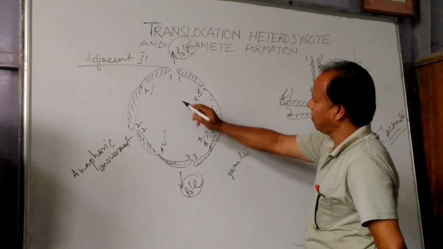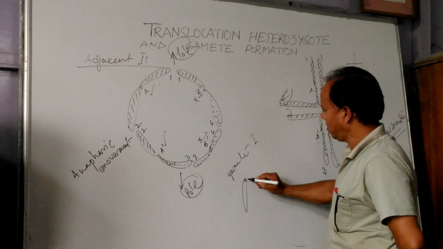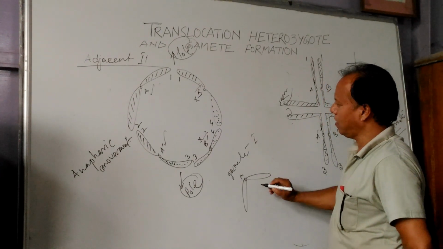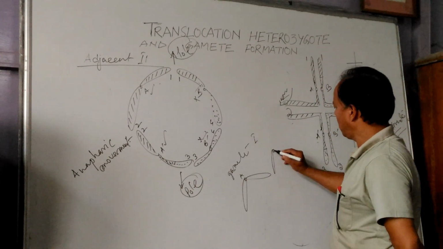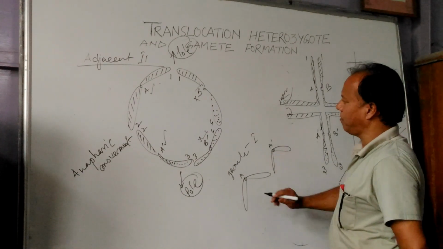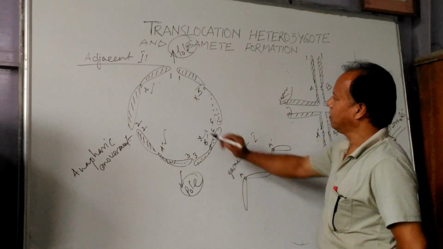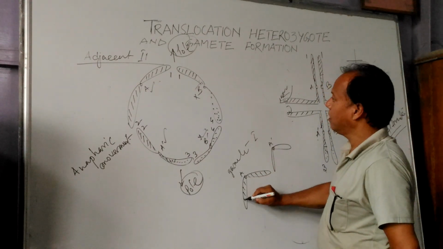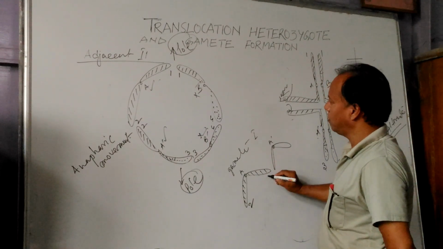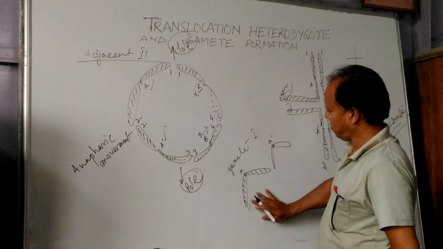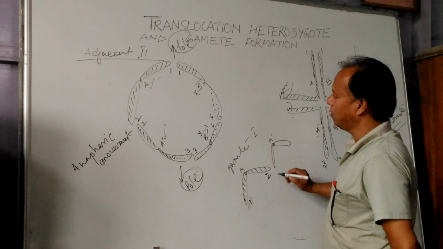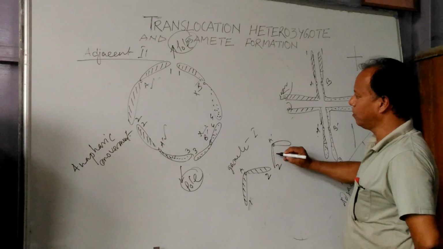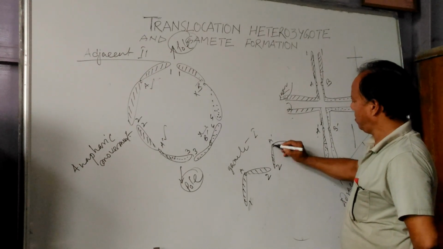So for the formation of the first gamete, the chromosomes involved are A centromere and A prime centromere, having the genes 3, 2, 2, 1.